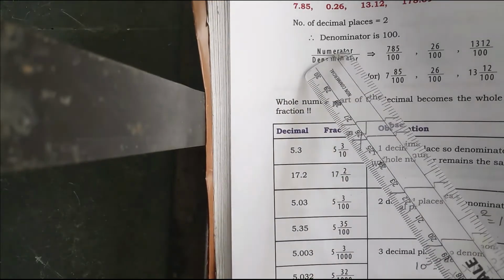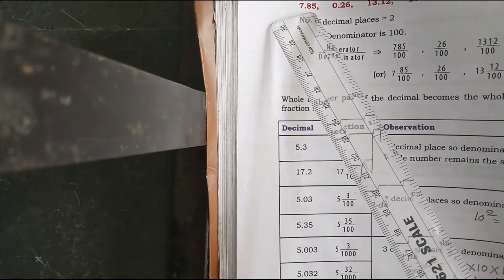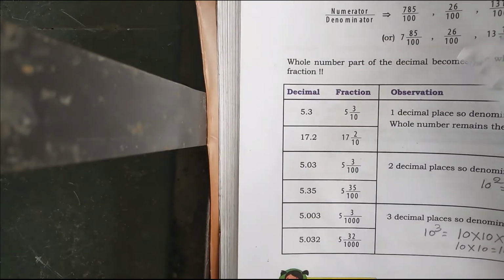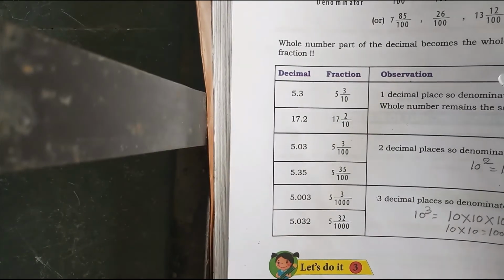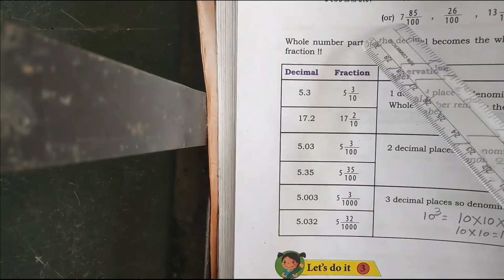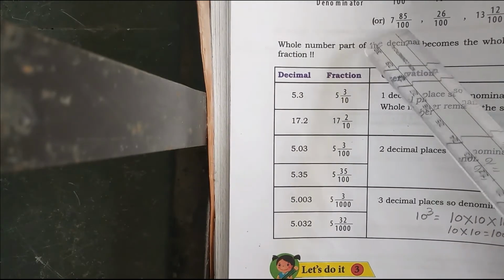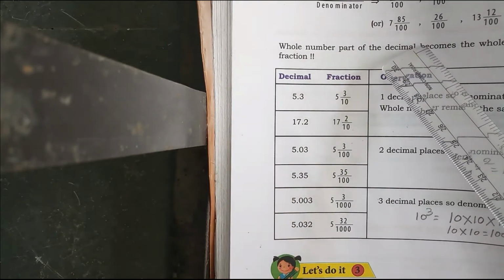So the numerator by denominator is 785 by 100, 26 by 100, and so on. The whole number part of the decimal becomes the whole number of the mixed fraction. In the mixed fraction, 785 by 100 is 7 and 85 by 100.